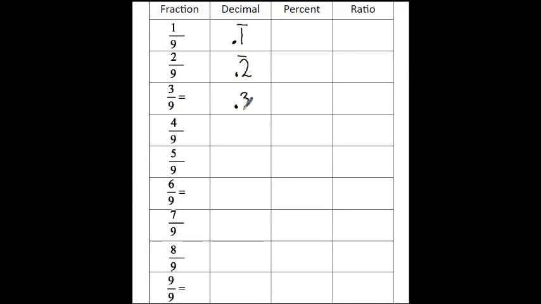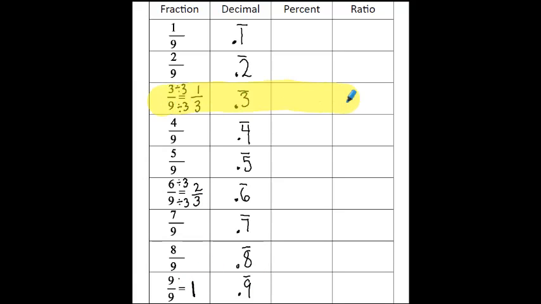It's different for the ninths. You basically have the same thing as the tenths, the same pattern as the tenths, but you're putting a repeating bar over that. So if I simplify 3/9, I get 1/3, and simplify 6/9, I get 2/3. If I simplify 9/9, I get 1 whole.